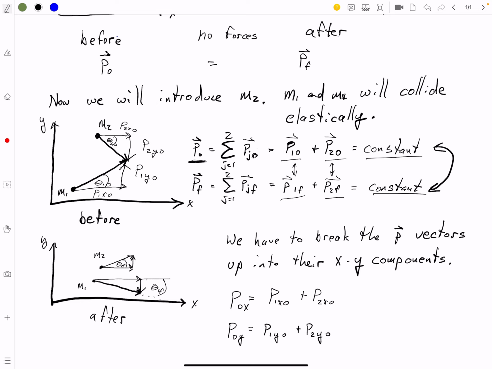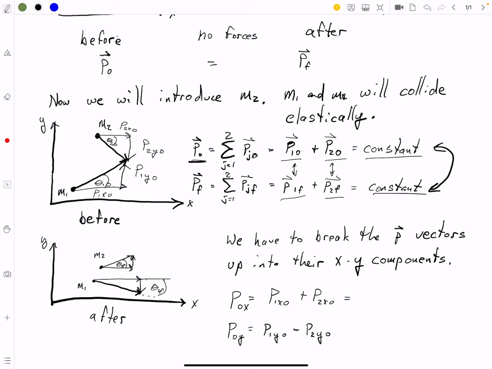And then, like I just said, we have to look at which ones are positive and which ones are negative. And it looks like P1Y0 is positive and P2Y0 is negative. So let's make that negative. And now we can say what those actual things are.